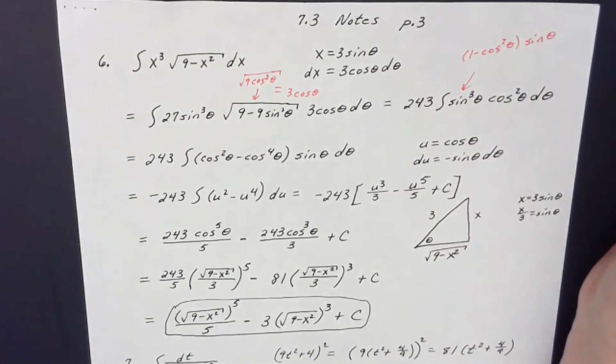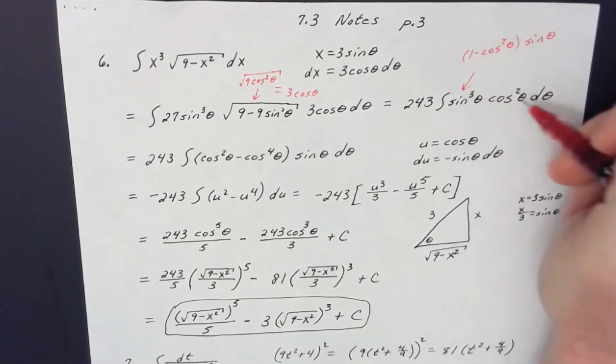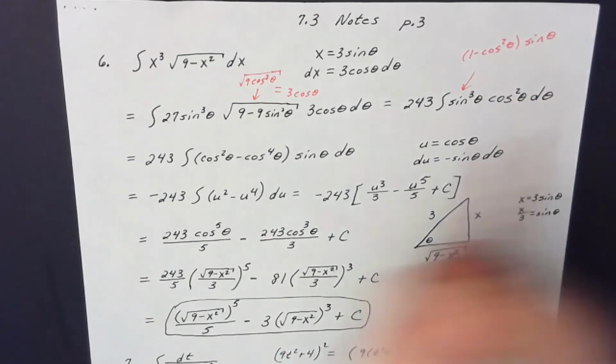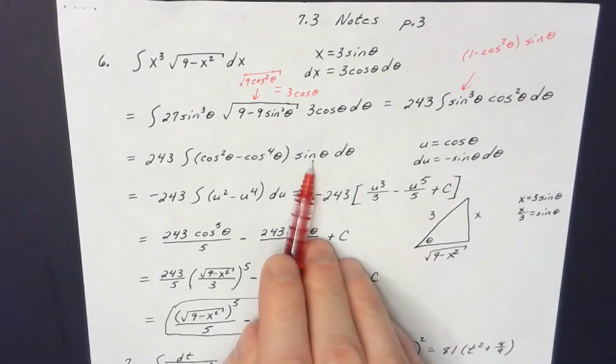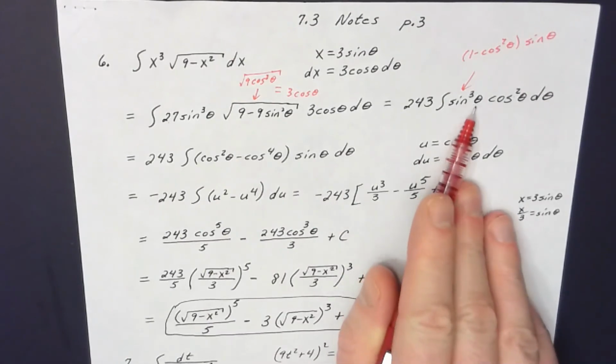And then I'll distribute this other cosine squared that was on the outside into that group, and I'll get cosine squared theta minus cosine to the 4th theta times the remaining factor of sine theta there.